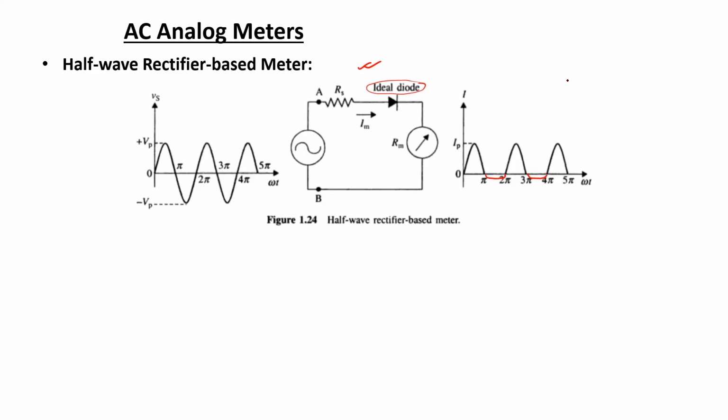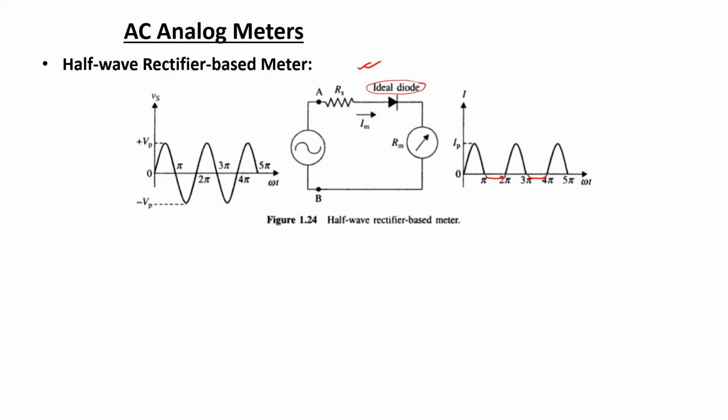And also for the negative half cycle, if the magnitude of the negative voltage is very large, then the large reverse voltage may cause the diode to break down. And if the reverse breakdown occurs, a high amount of current will start flowing through the PMMC as well, which may damage the entire system.